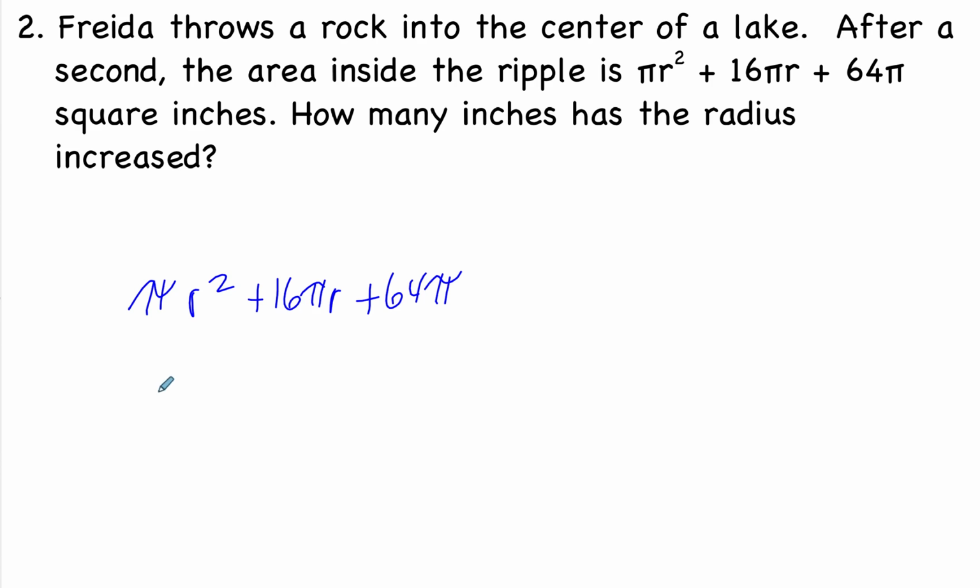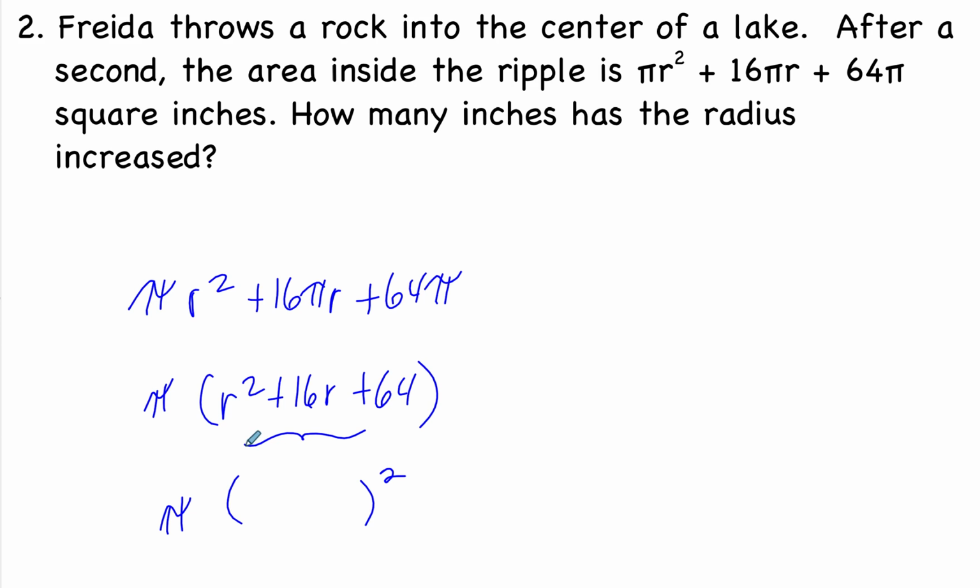All of those have pi in it, so let's factor out the pi and see what's left. And we would have r squared plus 16r plus 64. And then this looks like it might be a perfect square trinomial. So pi stays out front, and we're going to have r and an 8, right? And then if we double 8, do we get 16? And we do. So it's r plus 8, the quantity squared.